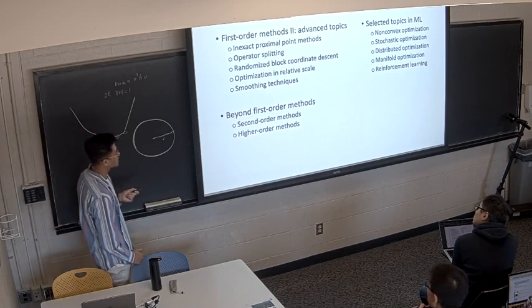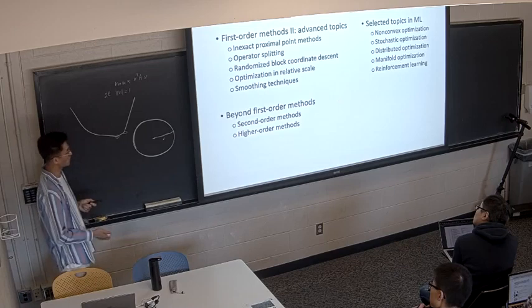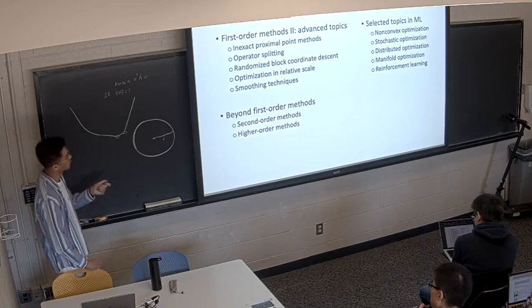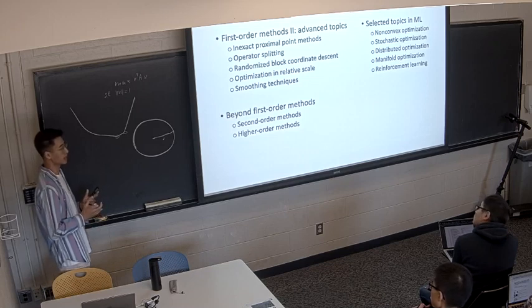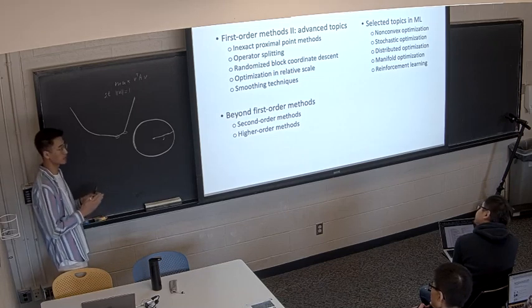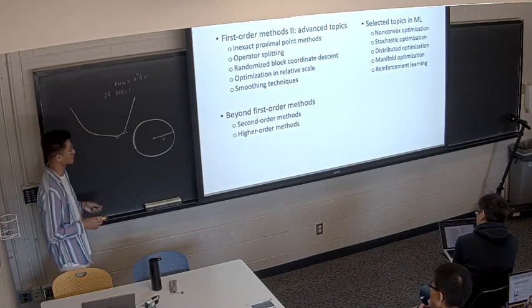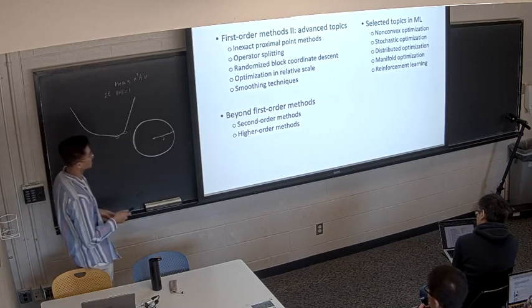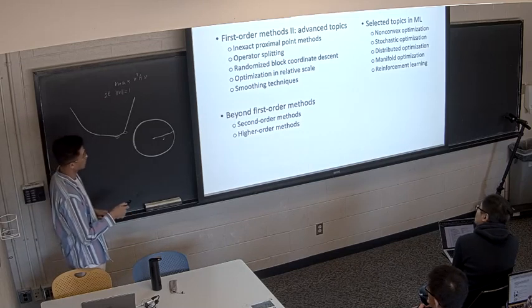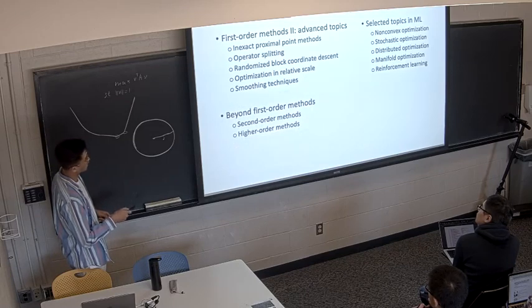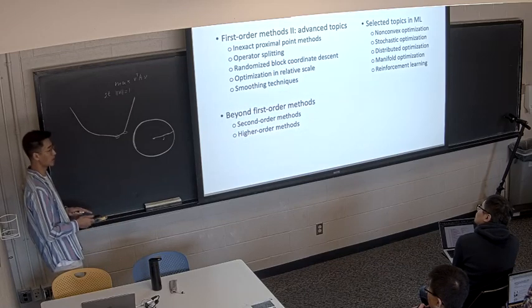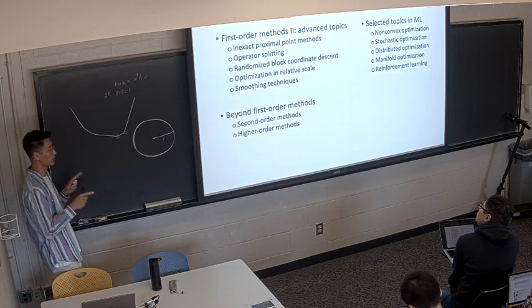Second order methods are more difficult to handle because the computation involves Hessian information, right? Because the Hessian is a matrix, it is more expensive than a vector if you do a first-order method. But the benefit is that the iteration complexity for second order methods will be much lower than for first-order methods. So there is a trade-off.